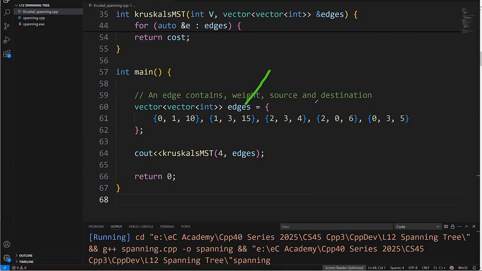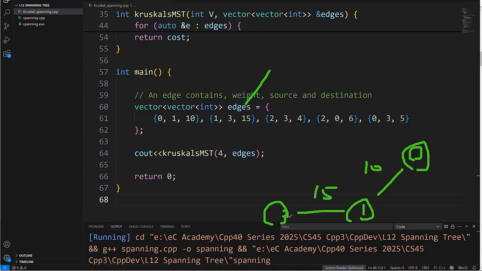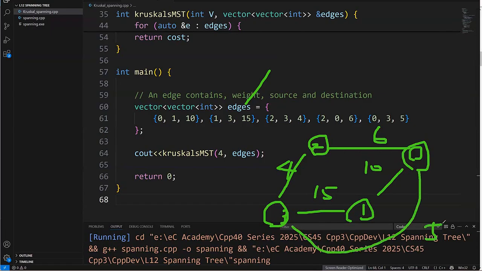Node 0 and 1 with weight 10, 1 and 3 with 15, that's the weight. 2 and 3, that is 4. 2 and 0, that is 6. 0 and 3, that is 5.